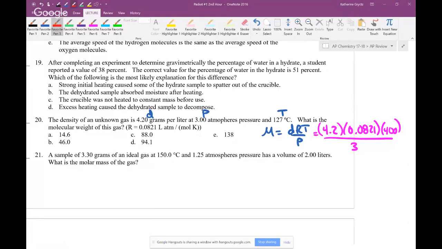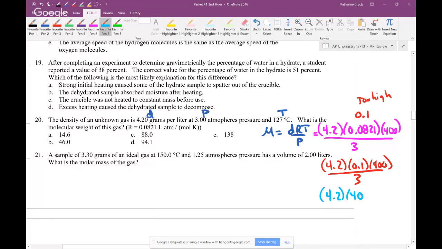So 400. If I had to estimate, I would call R 0.1 and know that I made that too big, so it's going to be too big. So we have 4.2 times 0.1 times 400 over 3, and it depends on how you want to get that. You can do 4.2 times 40 over 3.